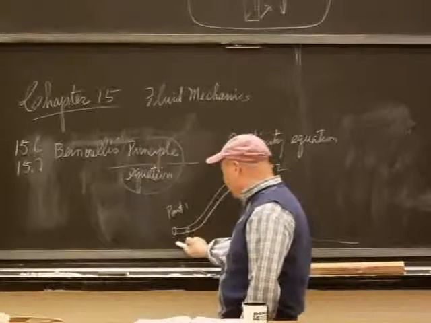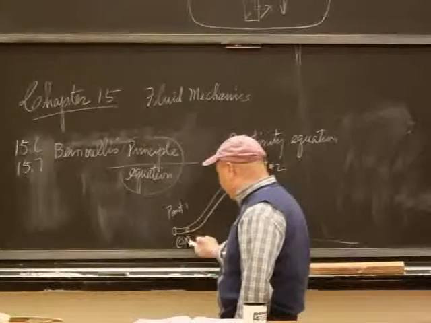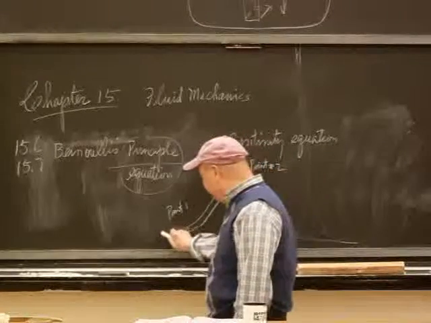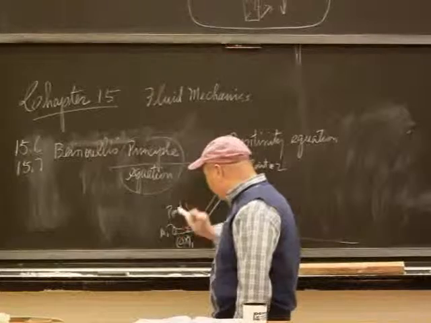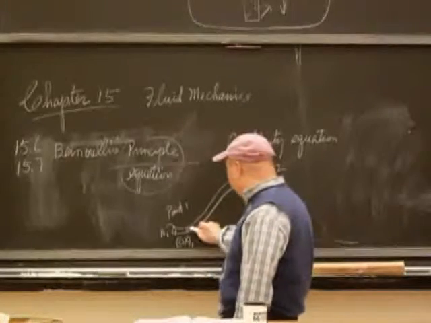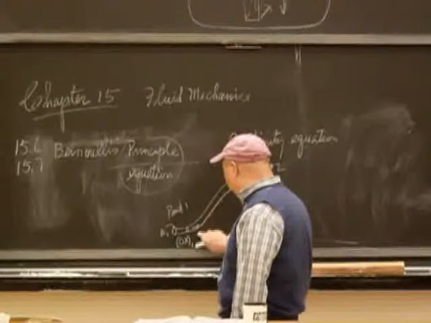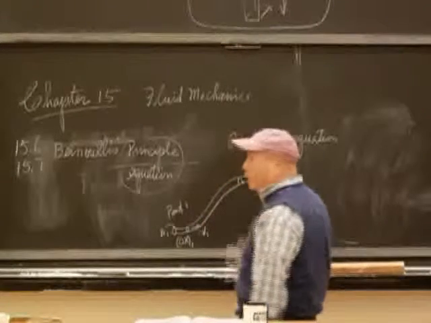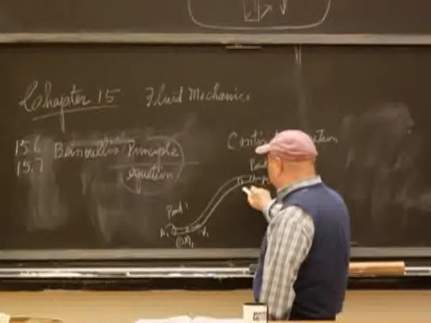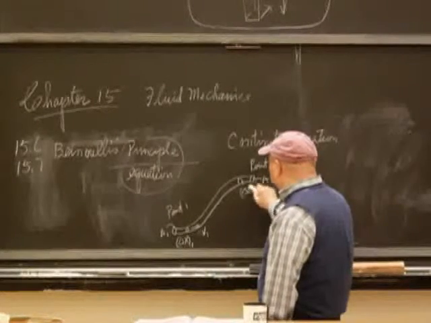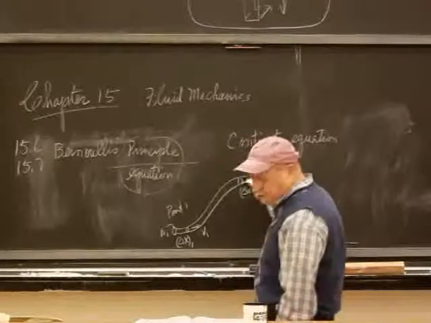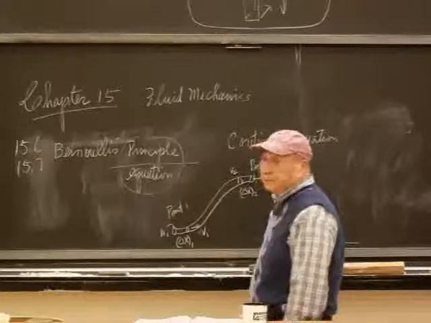So okay, we want to do this. When the water flows during a certain time, the distance is delta x1, and there is an area A1 here, and the velocity is V1. This one has the same thing, an area A2, a delta x2, and a V2.